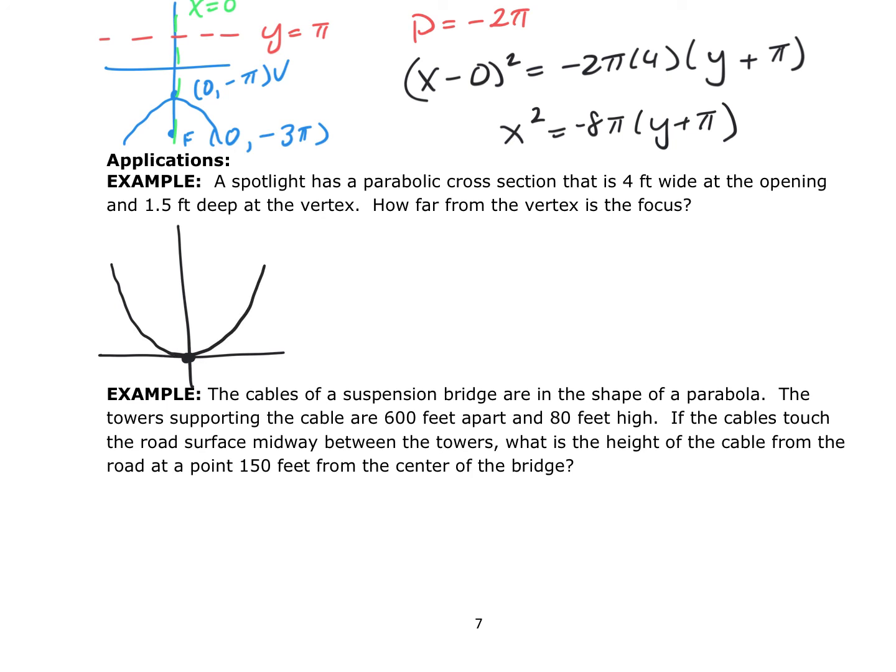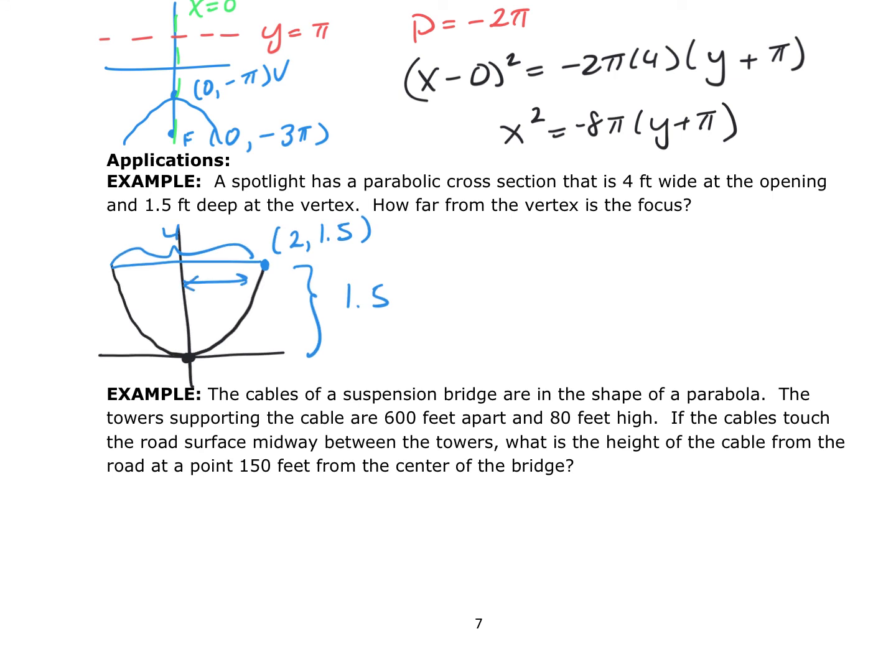Now we know that across the side to side, this point right here is going to be 1.5 feet deep, so 1.5. And I know the total distance from side to side is 4, so this must be the point 2, comma 1.5. Because if this entire distance is 4, this distance must be 2.